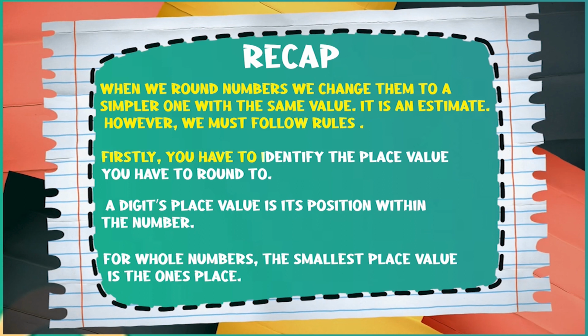First, you have to identify the place value you have to round to. A digit's place value is the position within a number, or where it's found on the notation chart. For whole numbers, the smallest place value is the ones place.